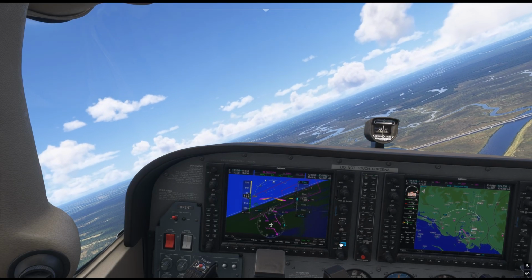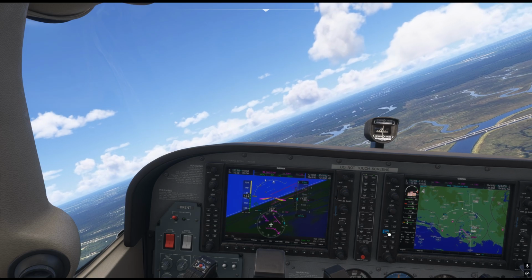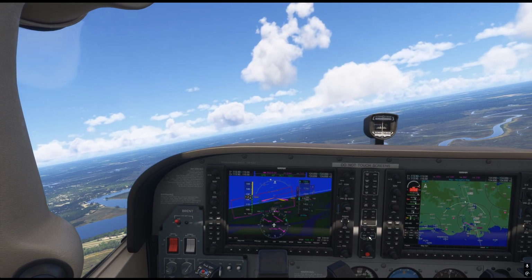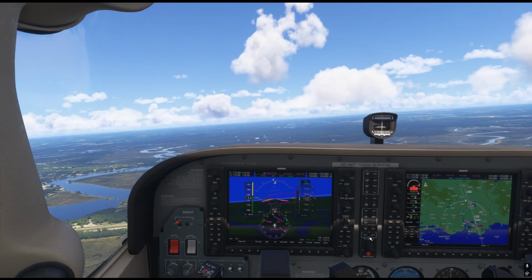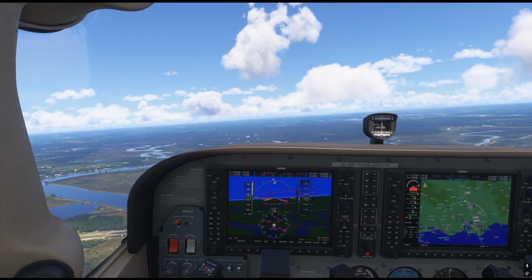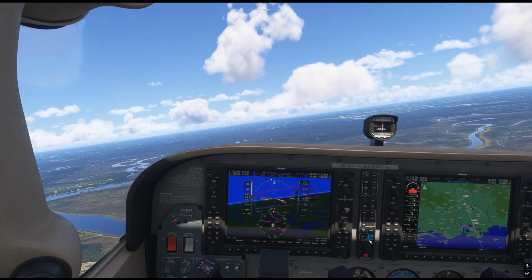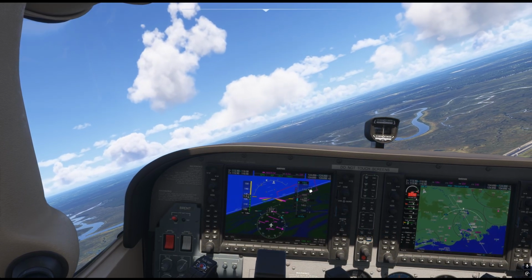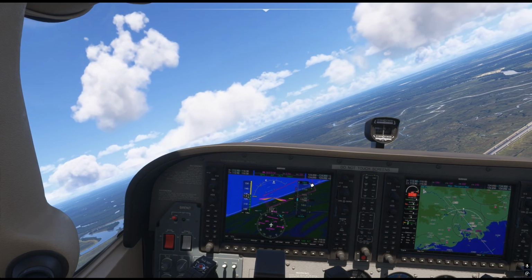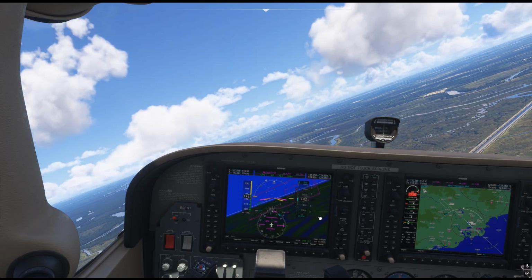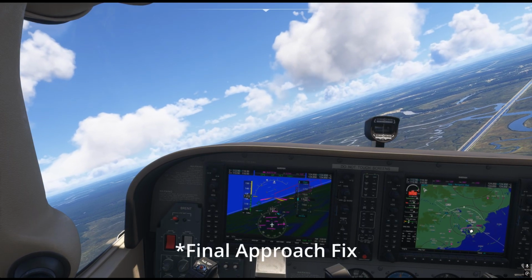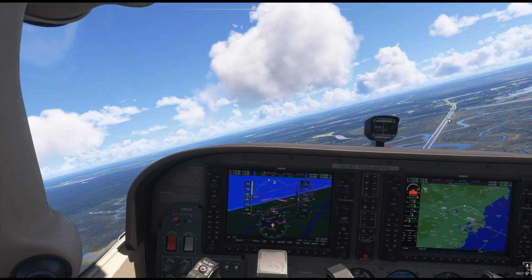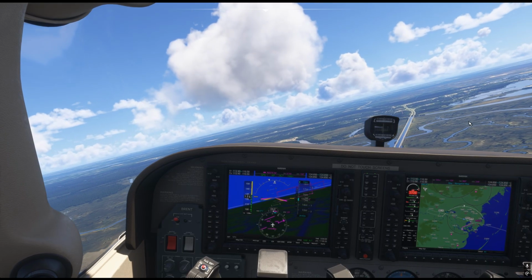Okay, now I go to nav, and it's going to follow this curvy line toward NUGT, which is 1500 feet. So I have the altitude bug here at 1500, going to the initial approach fix.